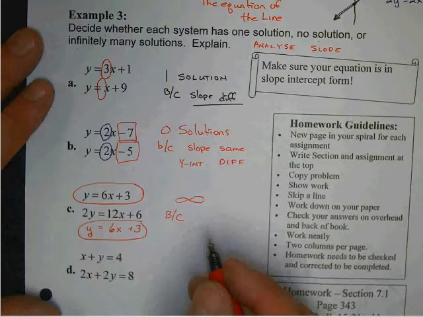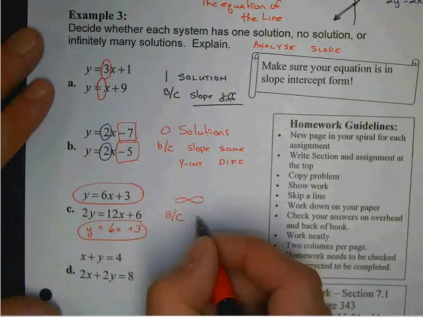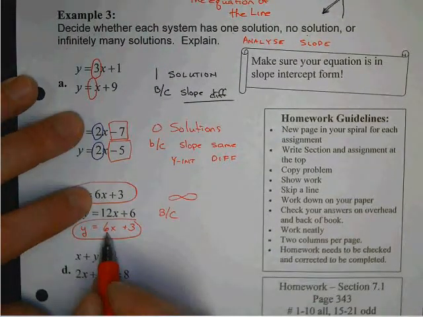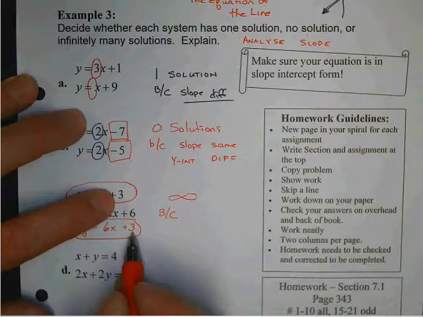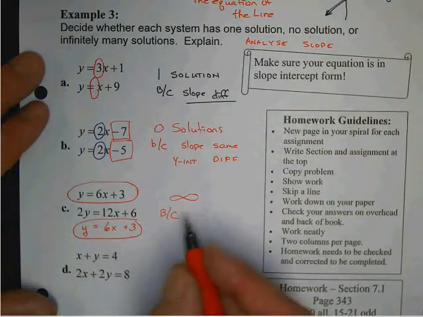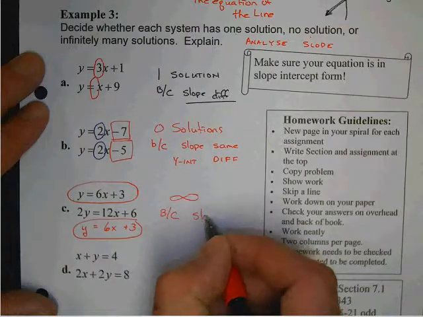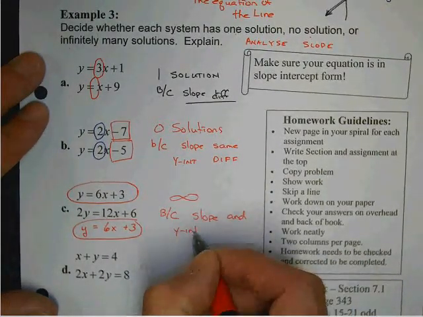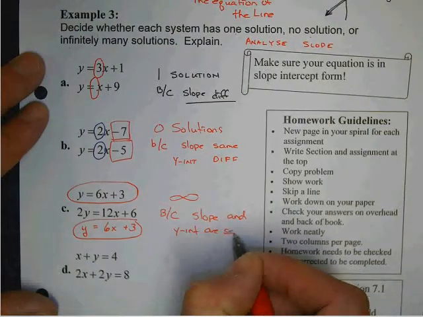Because. Tell me about their slopes. Well, okay, because they both have the same slope. Okay, and? The same y. Yeah. Okay, the slope and the y-intercept are the same.